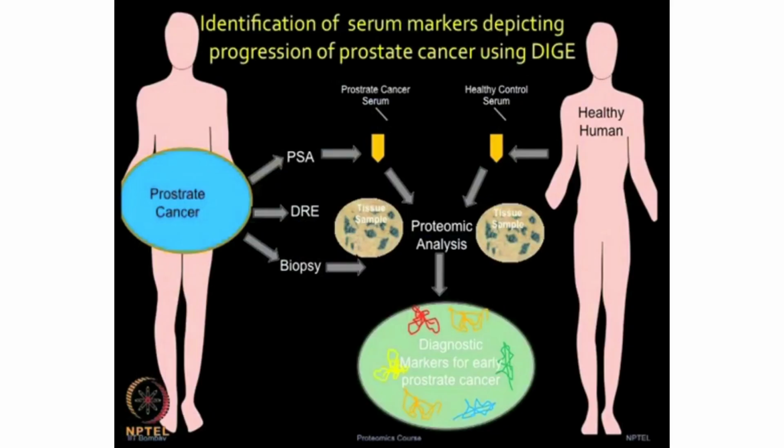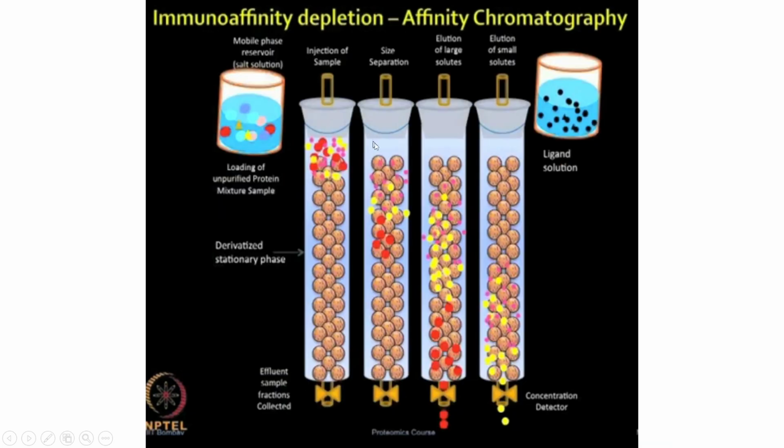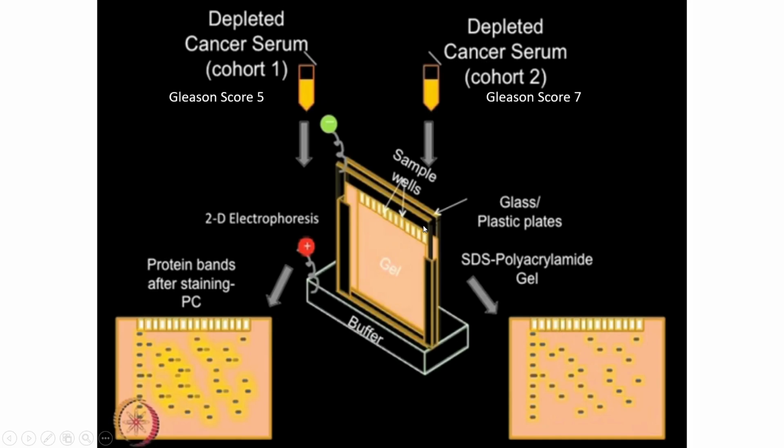Then sir gave one case study of prostate cancer, of PCA protein, whether it got upregulated or downregulated in the cancer patient compared to that of a healthy sample. After collecting the sample, it was purified using affinity chromatography, then it was run on the gel. In terms of this specific cancer, there is a score called the Gleason score.